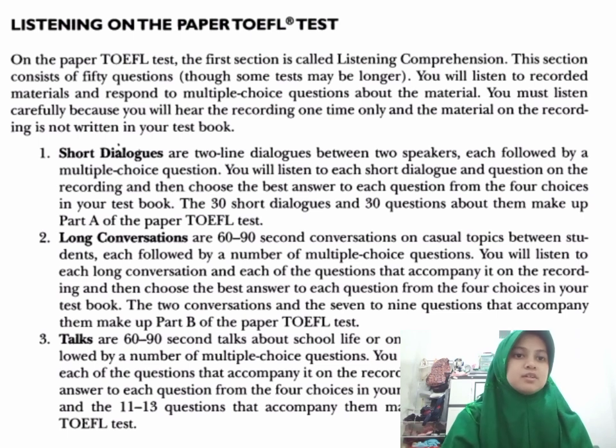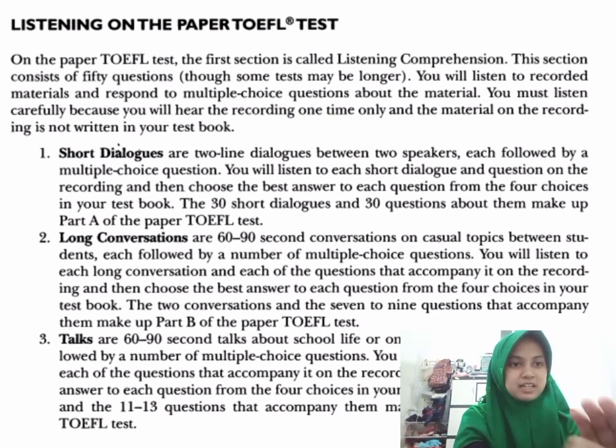They are 2-line dialogues between 2 speakers, only 2, each followed by a multiple choice question. You will listen to each short dialogue and question on the recording and then choose the best answer to each question from the 4 choices in your textbook. The 13 short dialogues and 13 questions about them make up part A of the paper TOEFL test.